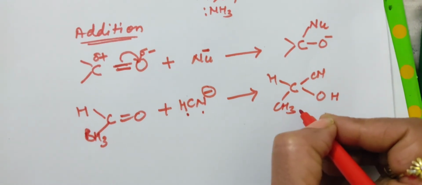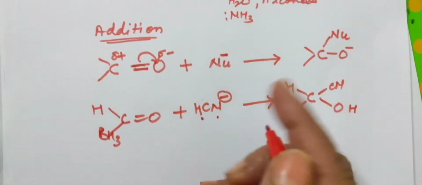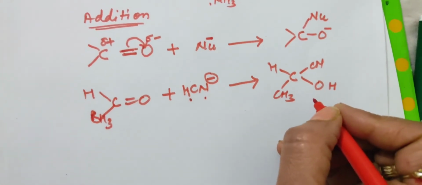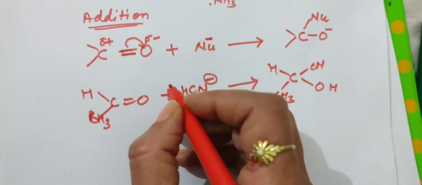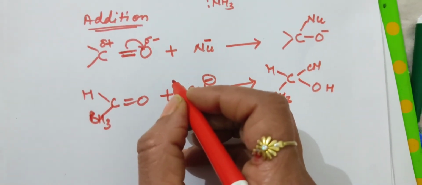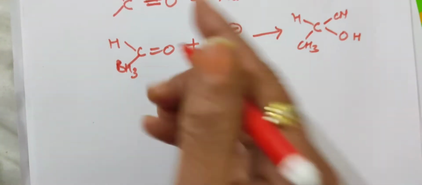So we find a cyanohydrin compound. This type of reaction is called a nucleophilic addition reaction, in which any nucleophile is added to any aldehyde or ketone. Now we will go to the mechanism.